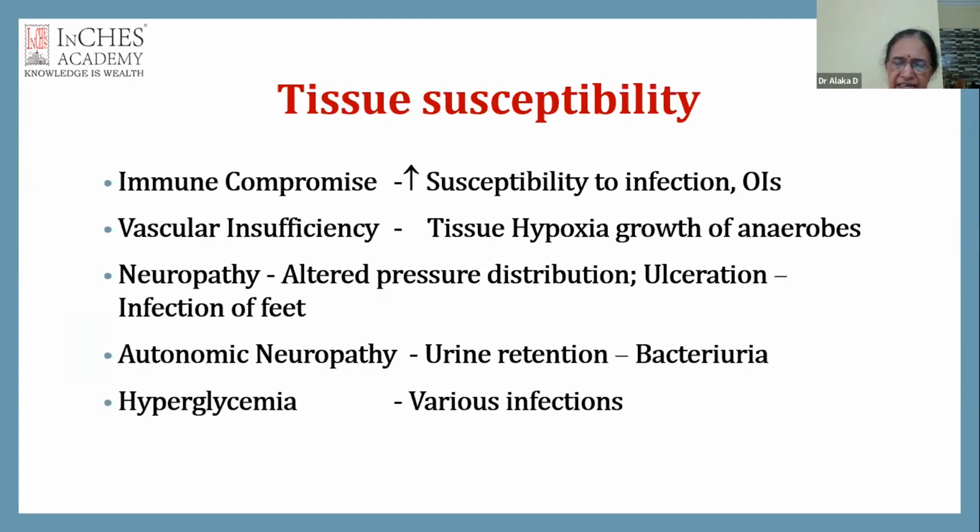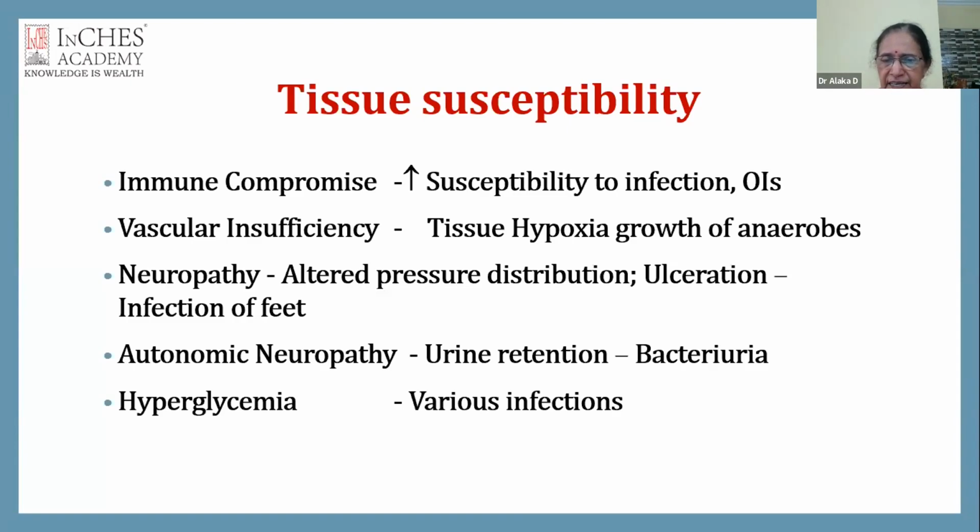You all know we have taken a class on diabetic autonomic neuropathy, and one of its features is urine retention. Now, most of these people are elderly. In the male patient, there is also a role played by benign enlargement of the prostate, but at the moment, keep it aside. In diabetic autonomic neuropathy the patient develops urine retention, and whenever there is any collection of fluid in the body, it attracts bacteria.